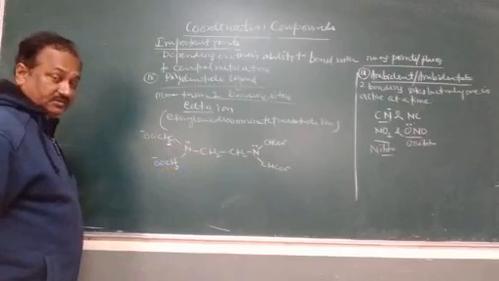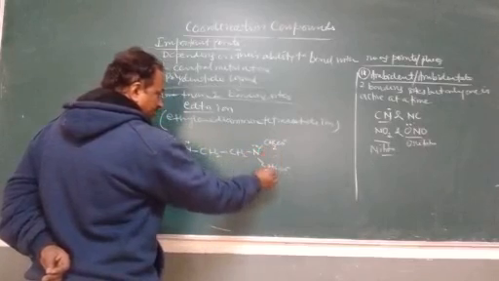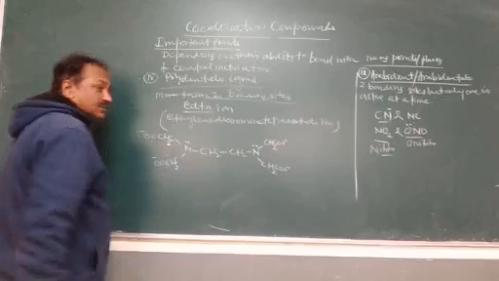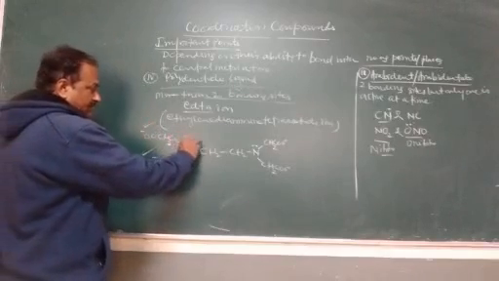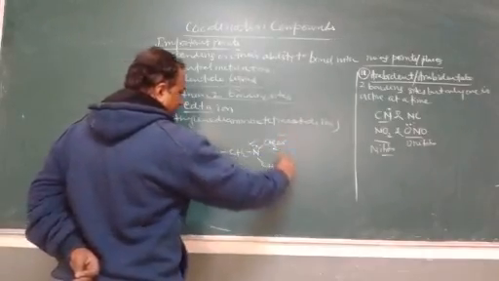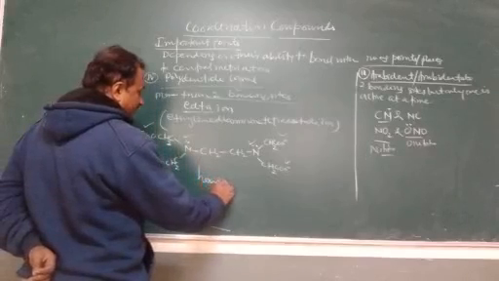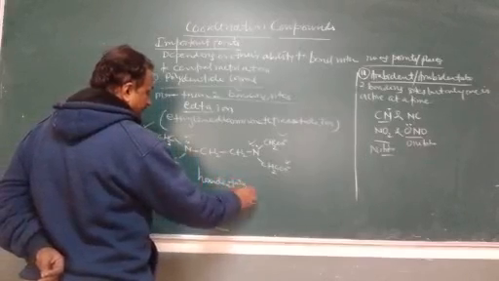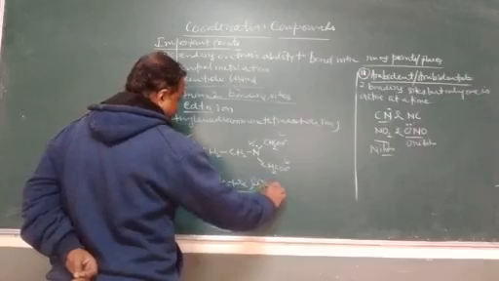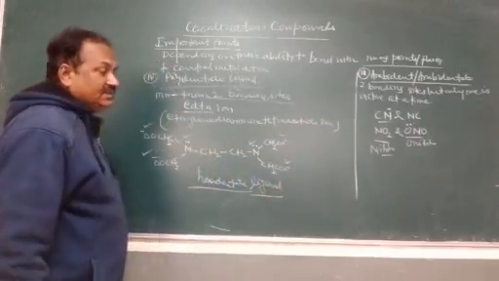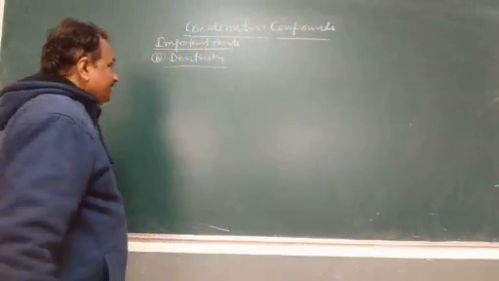Count them, because carbon has valency 4. Now see the number of bonding sites. This is 1, 2, 3, 4, 5 and 6. So it is a hexadentate ligand.